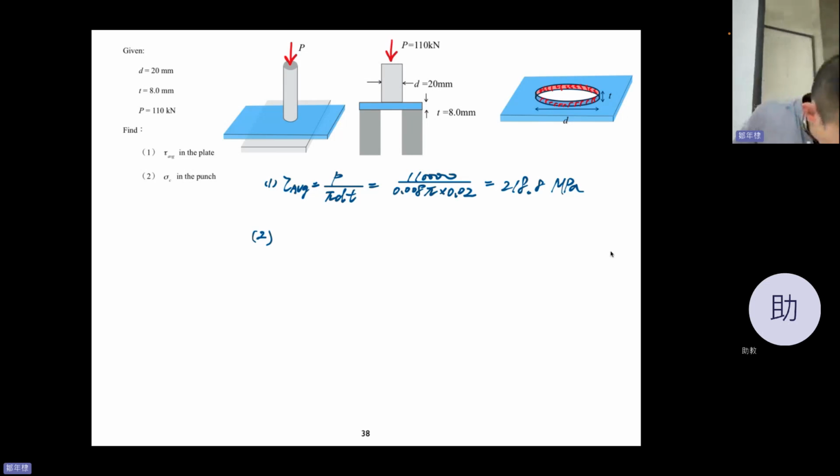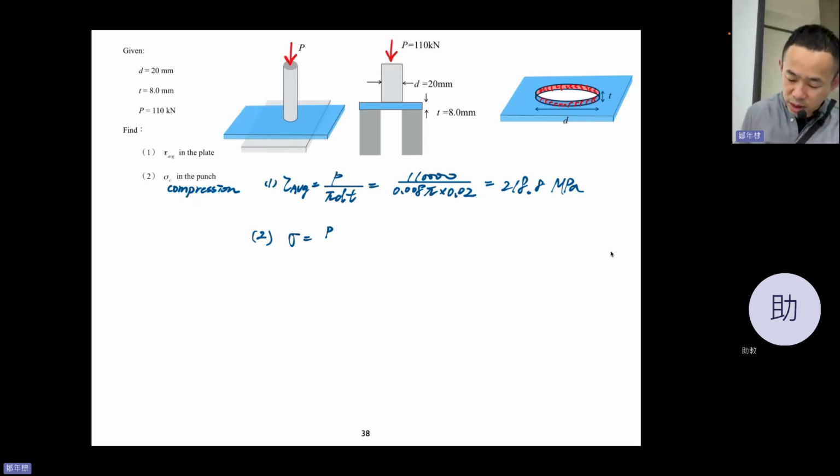Sigma c here is actually compression. I'm sorry that the c here is too small, and I should write it down as the whole word. So the compression is just what we were taught at the beginning of this semester.